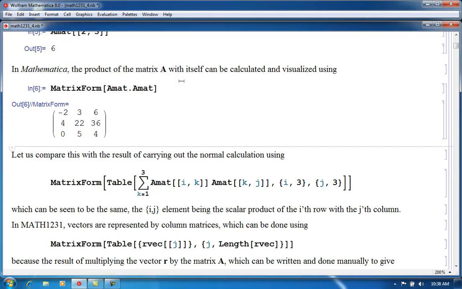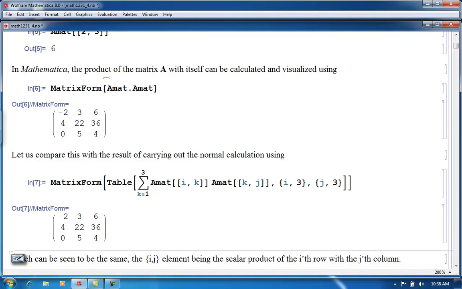Well, let's compare that with the usual form for the product of matrices. So for each row i and each column j, I take the sum of the product of the kth element in row i with the kth element in column j, and I make a table of that and I present it in matrix form, and you can see that that's exactly the same as what we had here.